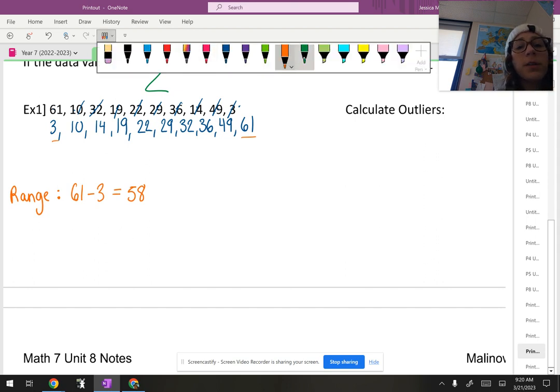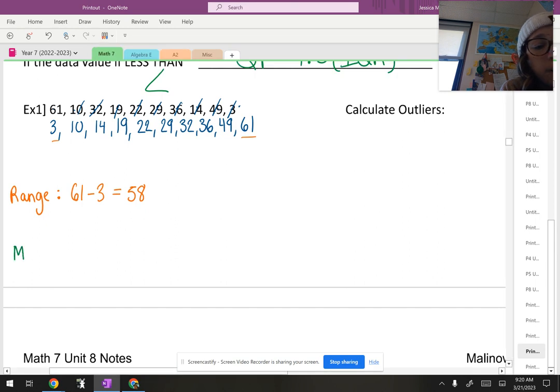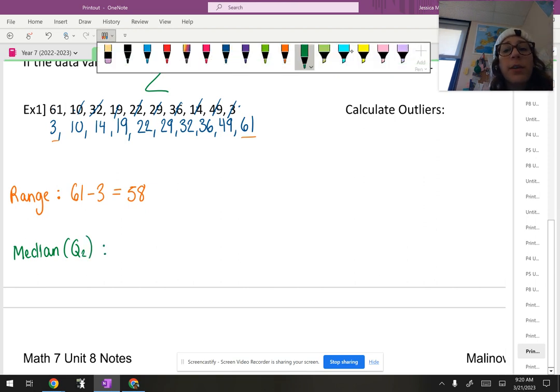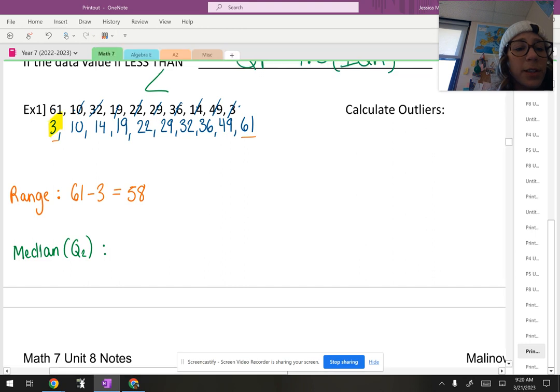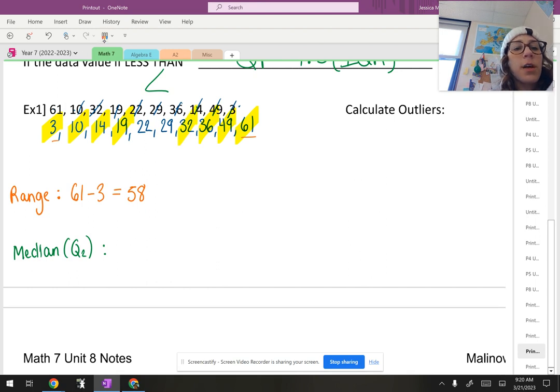Okay, up next are the quartiles. And before I can find the quartiles, I have to start by finding the median, which we now know is quartile number 2. So again, I'm going to use a highlighter to find my median here so that I can still see my numbers. So I cross 3 off and then 3 off. 1 and 1.